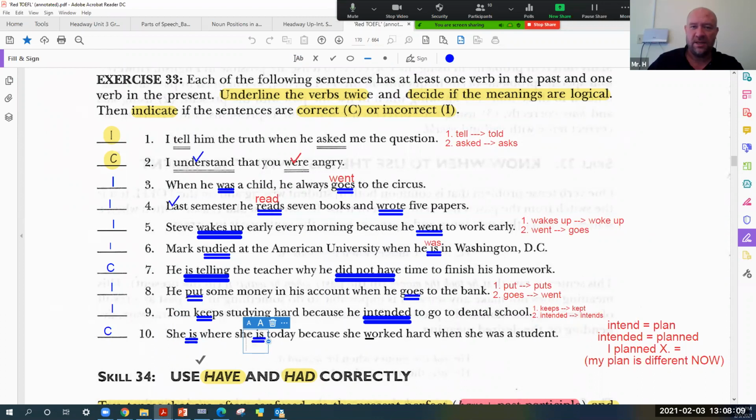Because in the past, she worked hard when she was a student. Look at that, guys. We have a lot of verbs here, don't we? She is where she is today. Why? Because in the past, when she was a student, she worked hard. Yes, this example is logical.